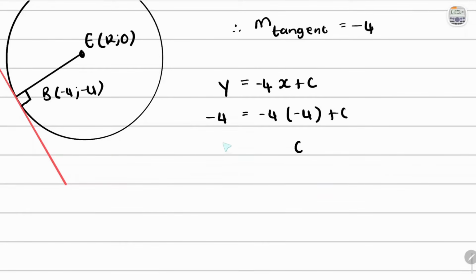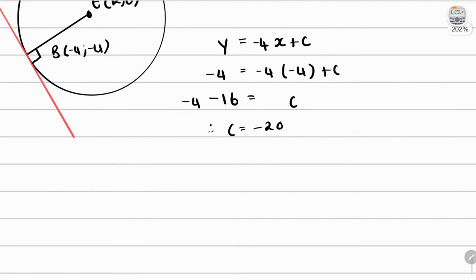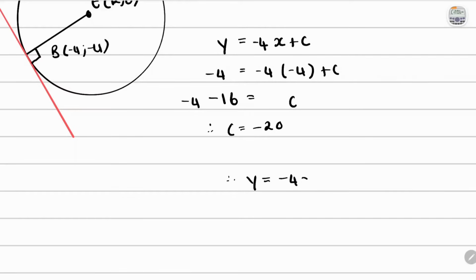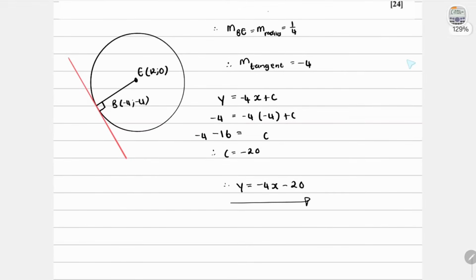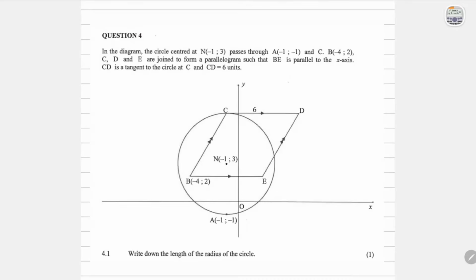And c is then equal to, we have -4 here. These multiply to become positive 16, and they come over and become -16. So c is simply equal to -20. And so the equation of this tangent is y = -4x - 20. And that is our answer. And that is it for question 3.